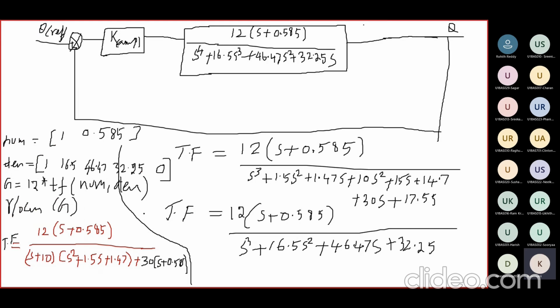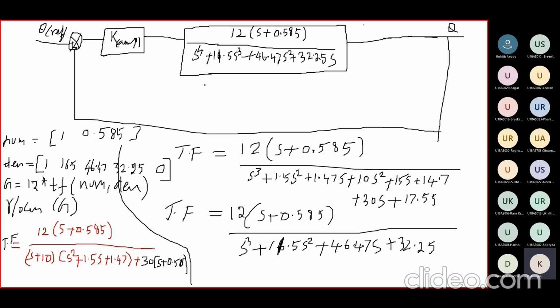So here, if we multiply, we will get s cube, 1.5 s square plus 1.47 s, and 10 s square plus 1.5 s square. Then we will get 11.5 s square.